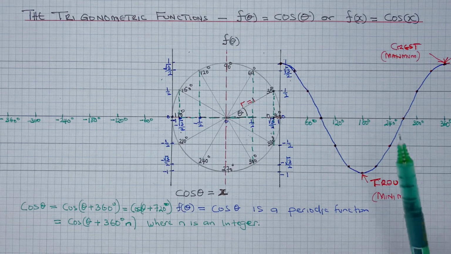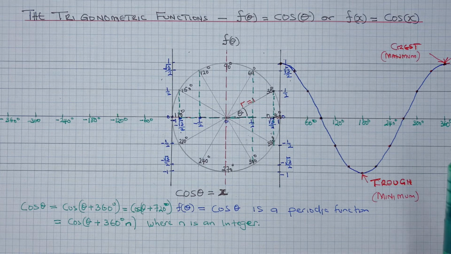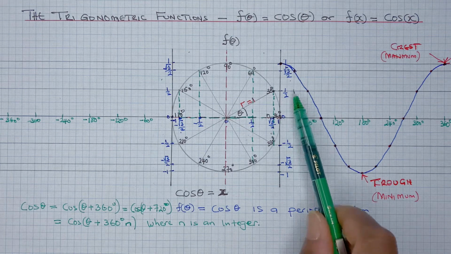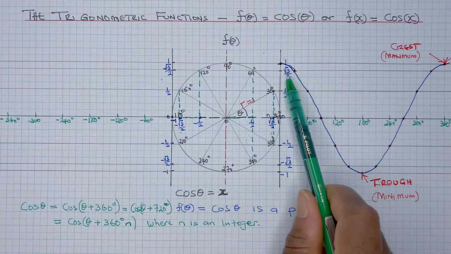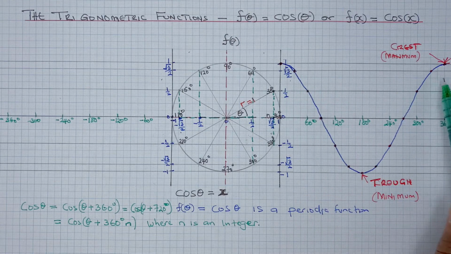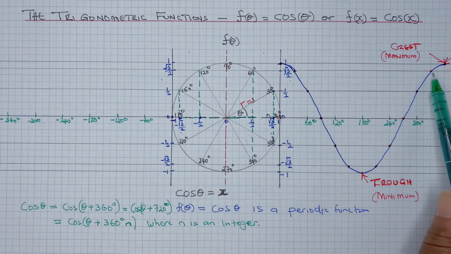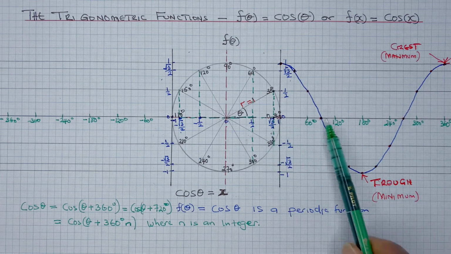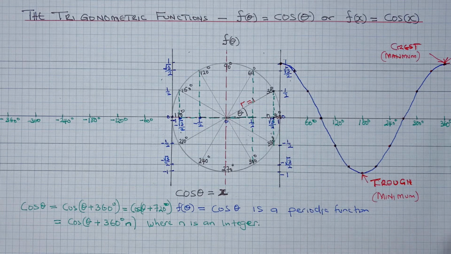What about, say, 30 degrees? I can get two values for 30 degrees, one at 30, which is root 3 over 2, and one at 330, again root 3 over 2, in the domain of 0 to 360 degrees.